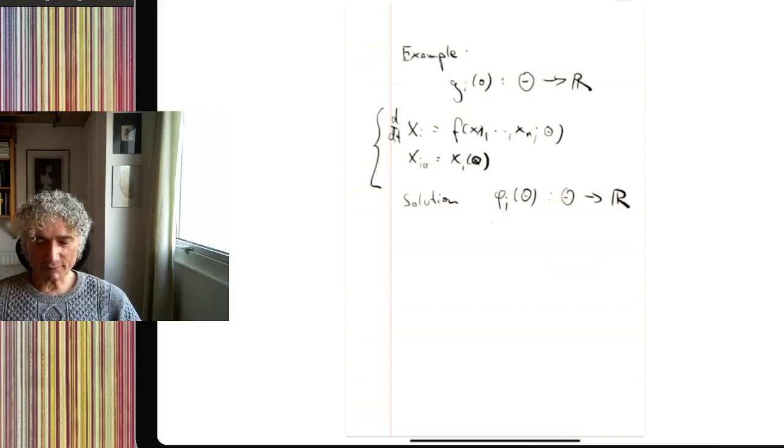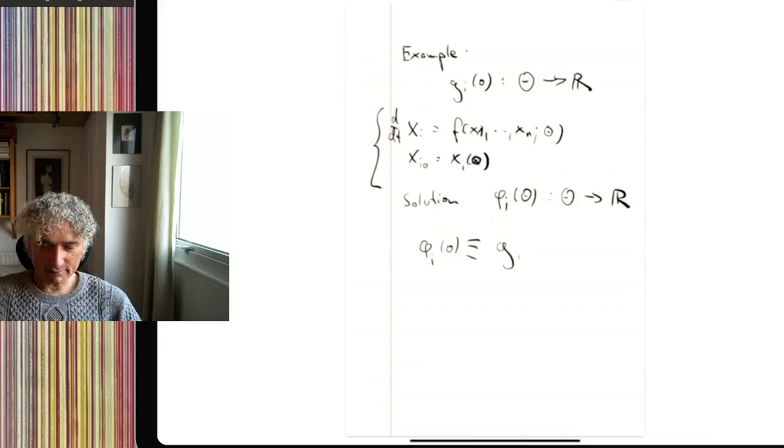And now you can just set phi i, the solution of this differential equation, phi i of theta, to be equivalent to gi of theta, and then you have converted the regression problem we just discussed before into a parametrization problem of a differential equation.